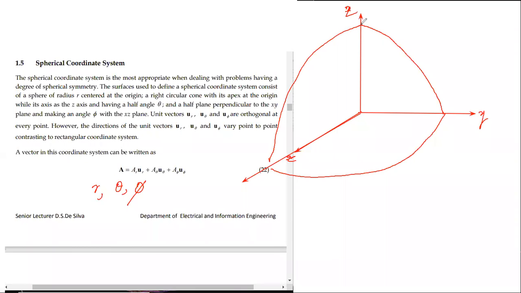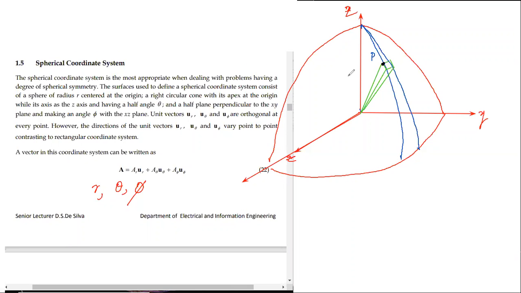For example, if you want to locate a point here, just assume point P, I will locate the position of this P. So this is my point of interest.